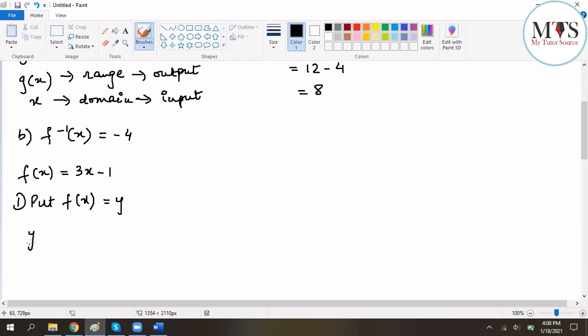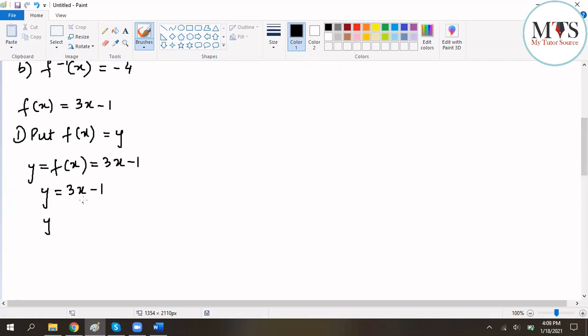So we write y equals f of x, which equals 3x minus 1. So if f of x and y equal the same thing, then y equals 3x minus 1. Okay?